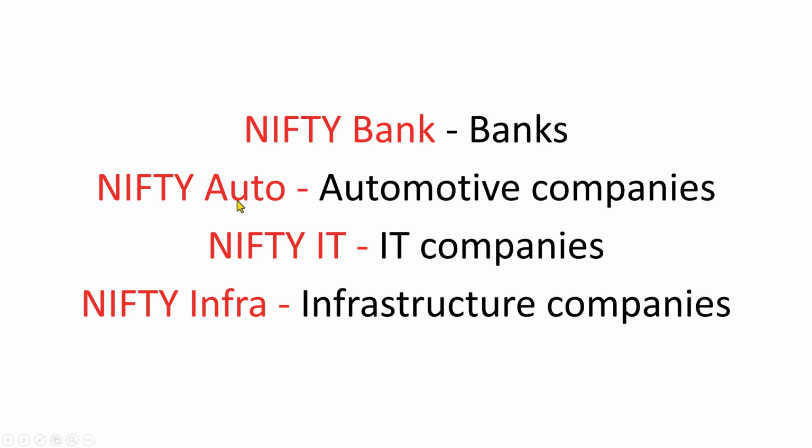Nifty Auto is an index which shows you how the price of stocks of automotive companies is moving. And similarly, this and this. Apart from these, there are many others also, which are categorized according to sectors. So if you are interested in any particular sector, you can look at that particular index value.